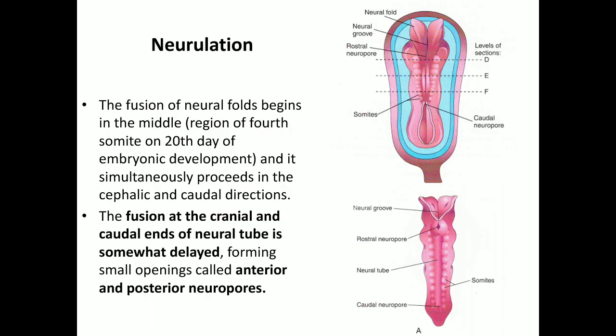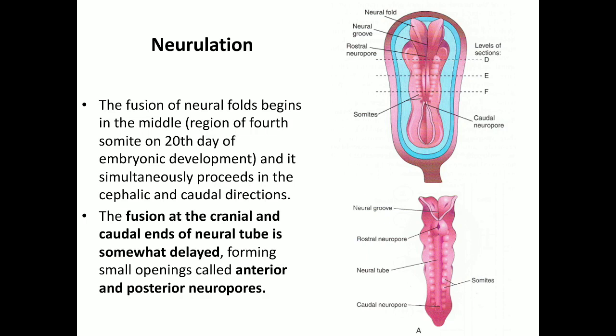So neurulation is the process of formation of neural tube, which starts around the 16th day of embryonic life. When these neural folds fuse, the fusion starts in the middle part, and then it proceeds further in the cephalic and caudal direction.